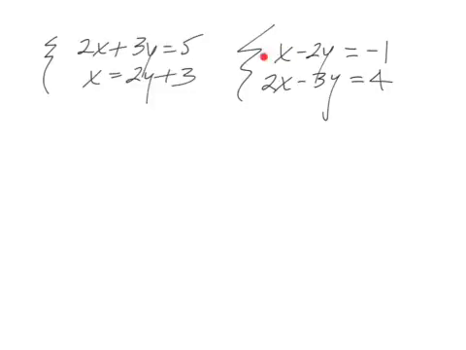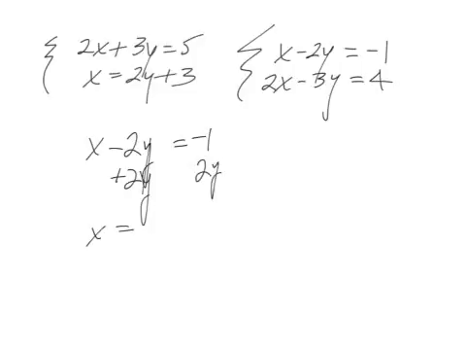So this one right here would be it. So we're going to take that equation and get everything away from the x and move it to the other side. So my x minus 2y equals negative 1. If I add 2y to both sides, I get x equals, and that goes away, 2y minus 1.